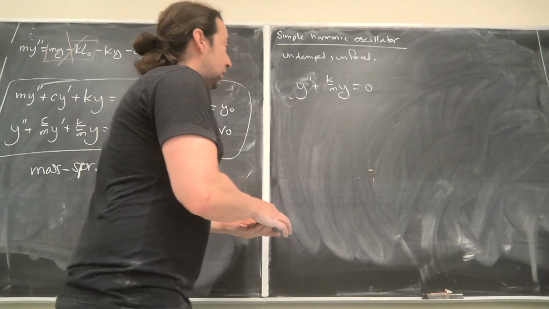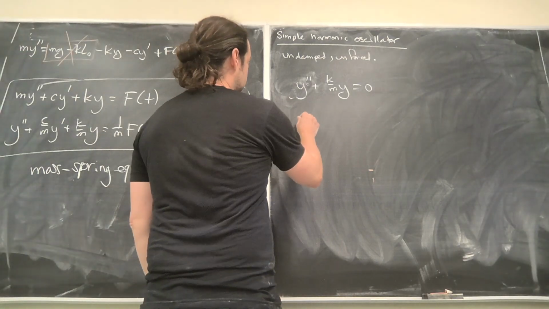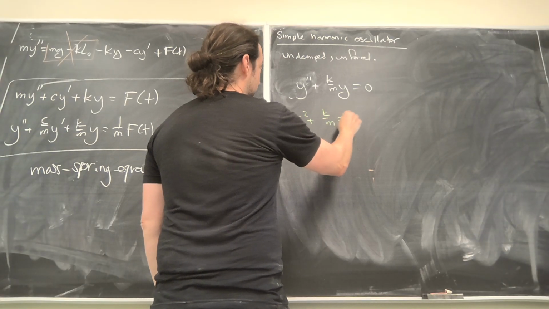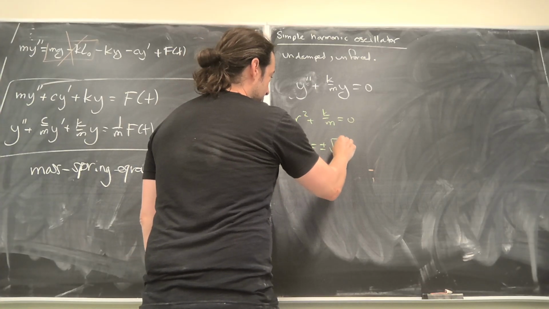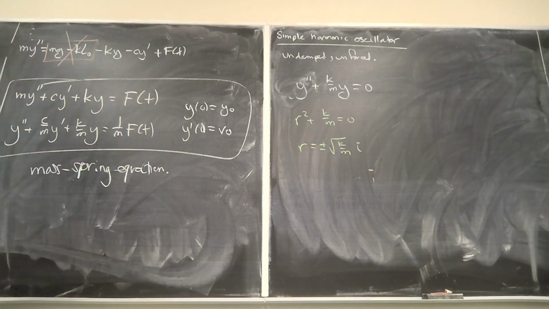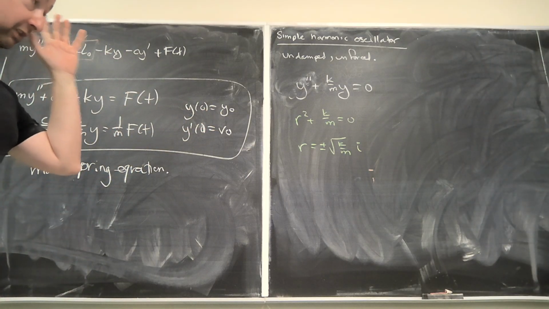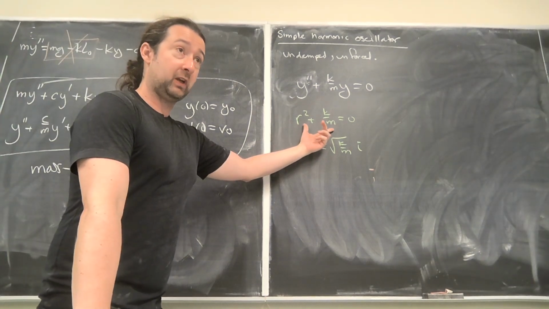So if you go through the process that we did in 8.2, you would write down the auxiliary equation, r squared plus k over m is equal to 0. And so r is equal to plus or minus the square root of k over m times i. Because of the way we set these equations up, you should be thinking already, okay, this model has promise because it looks like it's unavoidable that we get cosines and sines here.